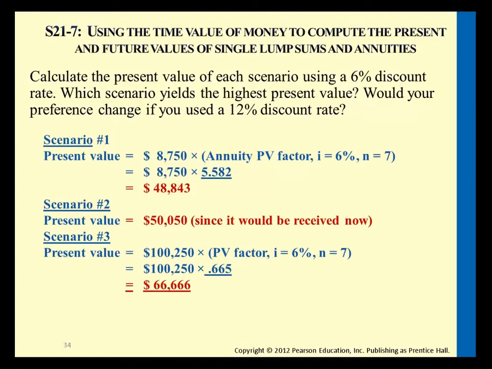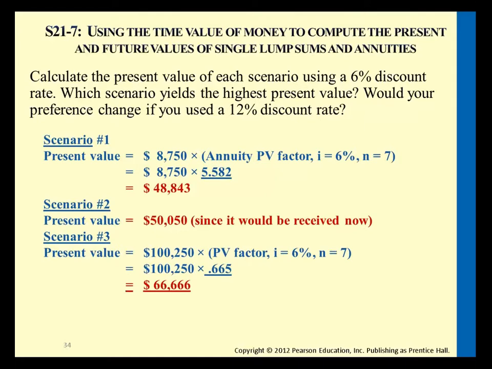So if I were to get that amount right now, that would be $48,843. Okay? Your present value for the second one is given to you because he's giving that money right now. He says, I'll give you $50,050 right now. So that's the present value.